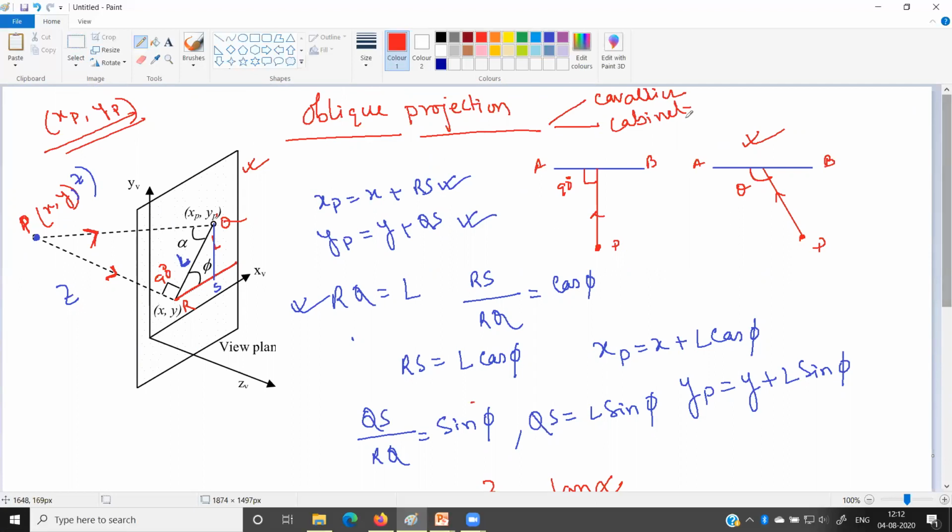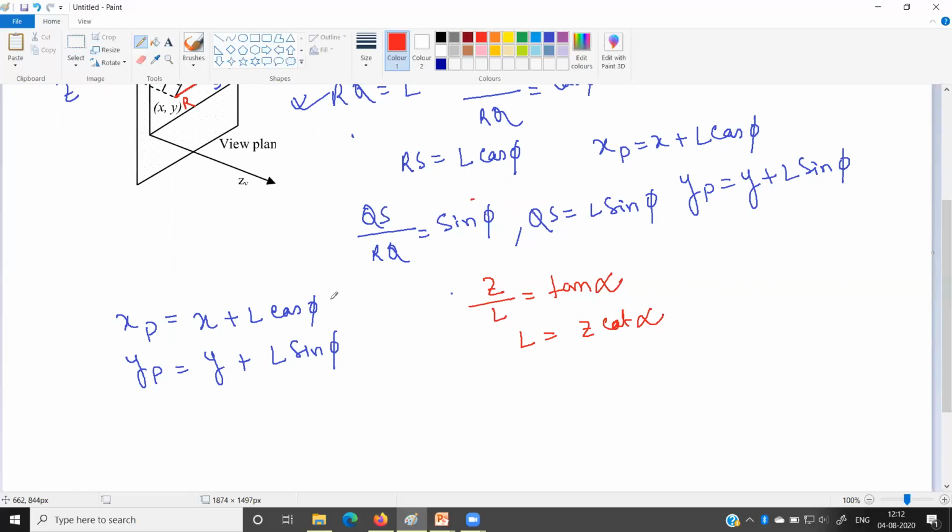Now, what is the difference between cavalier projection and cabinet projection? The difference between the cavalier projection and cabinet projection lies in the angle alpha. Now, if the value of alpha is 45 degree, in that case, we create the cavalier projection.